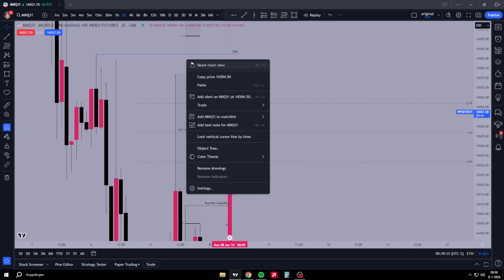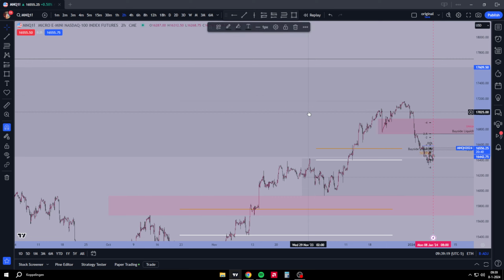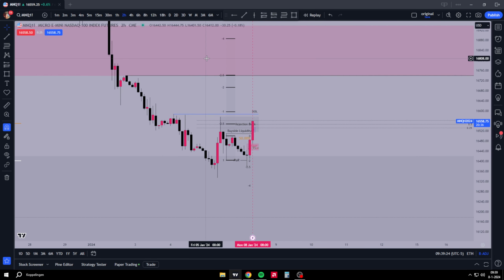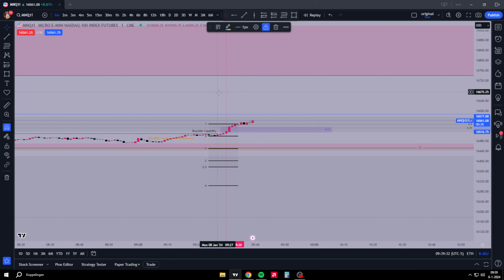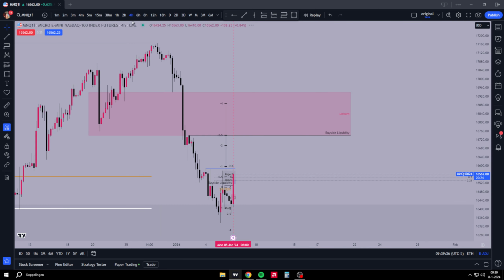So yeah, let's just keep an eye on the 2 hour actually. Let's just remove this order block actually as well. It's just annoying. And there's like so many things here. Alright, so now we know we tapped into this third quadrant.